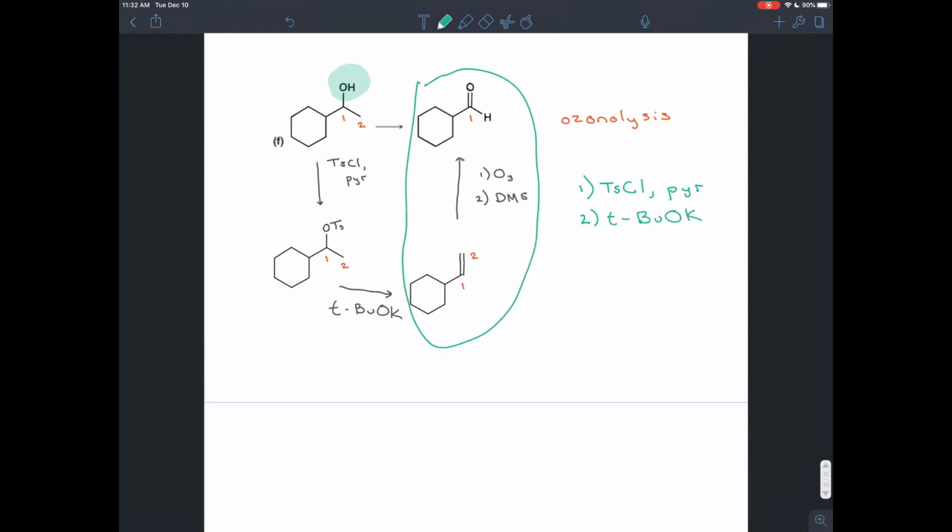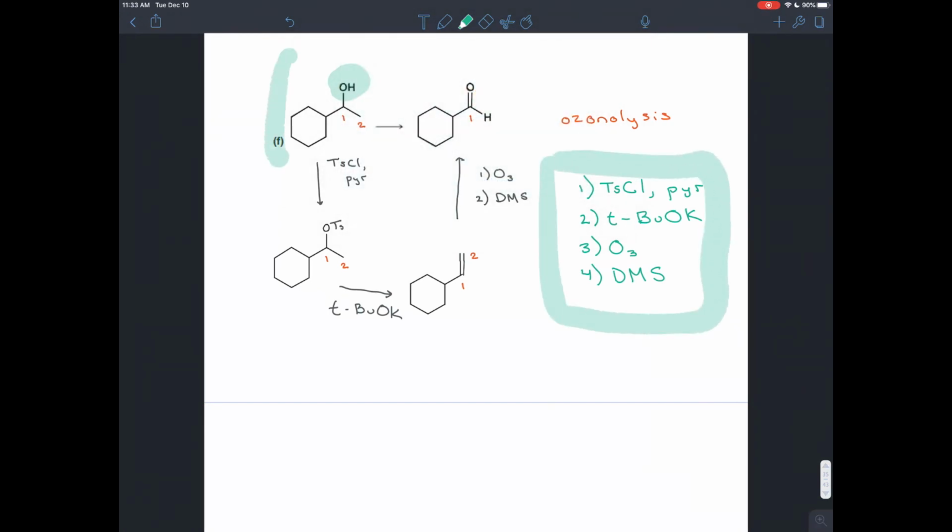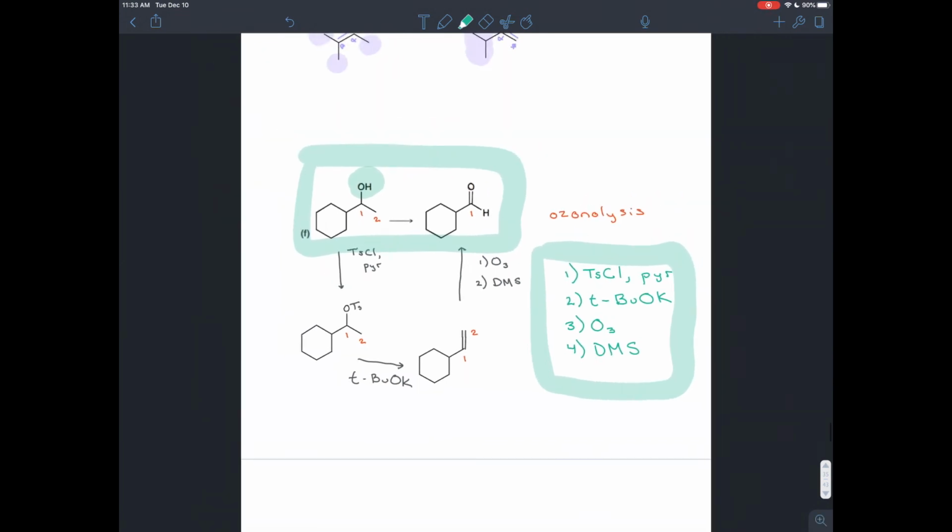And once you have that pi bond, you can do ozonolysis to saw off that one carbon. So that's two steps. First you bubble ozone gas through it, and then you mix it with some dimethyl sulfide. So this recipe would accomplish this transformation.